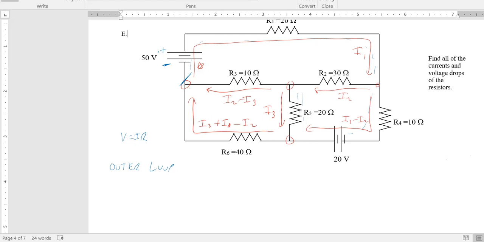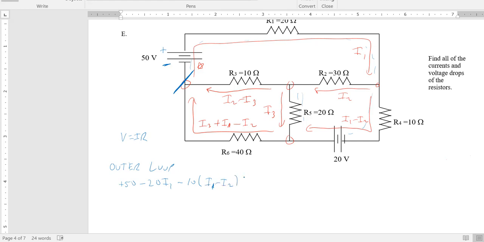All right, so I'll start the outer loop right there where I got my mark. And we go with the battery, so that's plus 50. We're going with I1 through the 20 ohm resistor, so it's minus 20 I1. Then we go through R4 with that current, so it's minus 10 times quantity, I1 minus I2.